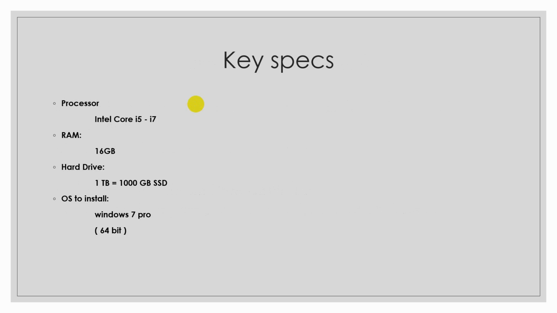Basically, the key specs: the processor I recommend is Intel, Core i5 to Core i7, because Intel processors are quite good nowadays, and earlier also they were very good. I think Intel would be the good choice if you want to buy a laptop.